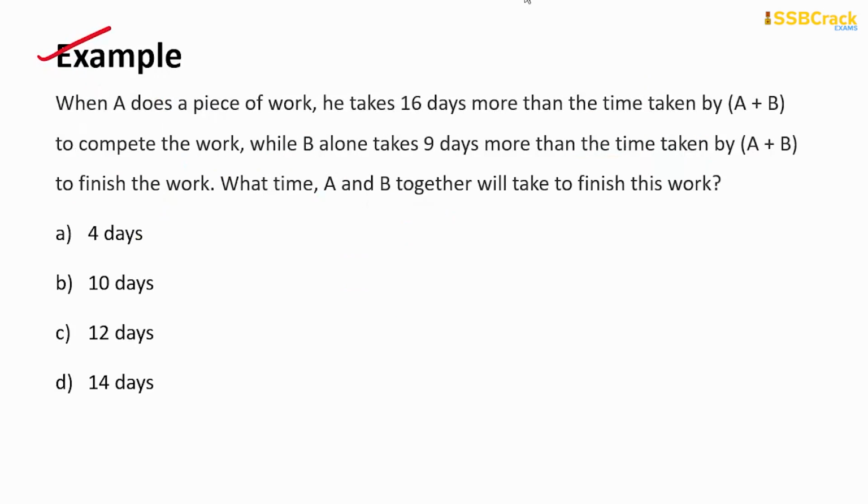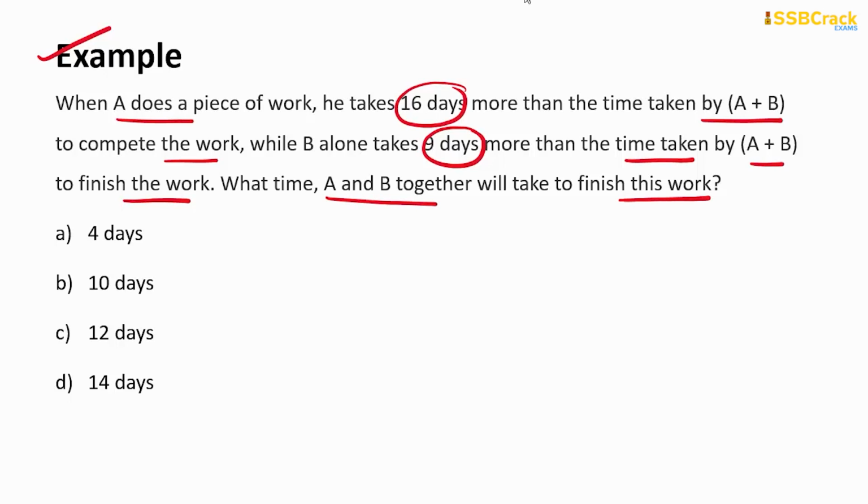So this is the example, and it states that A does a piece of work in 16 days more than the time taken by A plus B to complete the work, while B alone takes 9 days more than the time taken by A plus B to finish the same work. What time will A and B together take to finish the work, right?